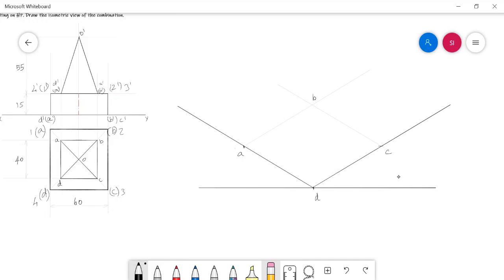And then the corners 1, 2, 3, 4 can be elevated up to the height of 15 mm from the corners A, B, C, D respectively.